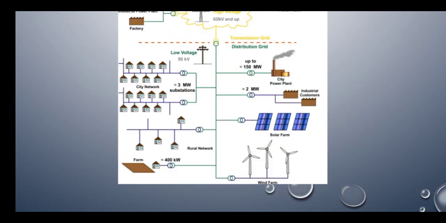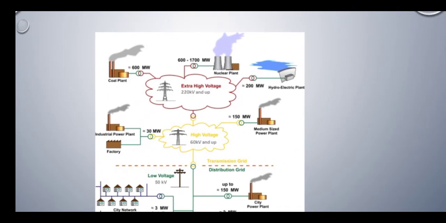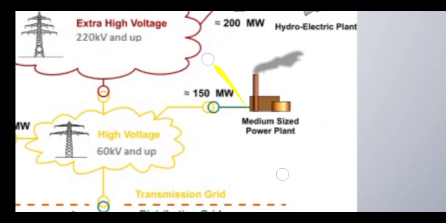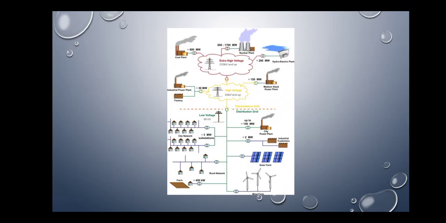So here is a figure of transmitting power. The coal plant, nuclear plant, and hydraulic plant generate the power and send it into the extra high voltage. These three plants actually require extra high voltage of power. Then factories, industrial power points, and medium size power plants require high voltage, 60 kilovolt and up.